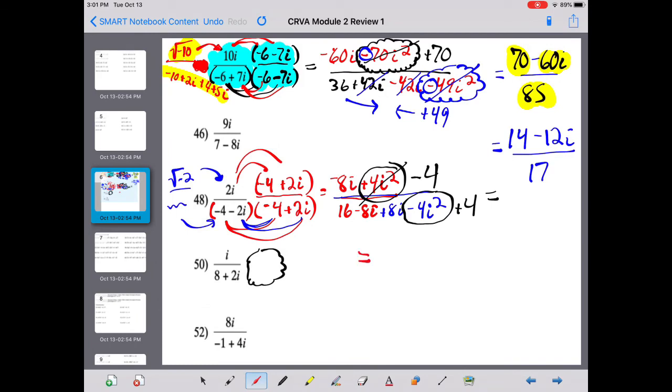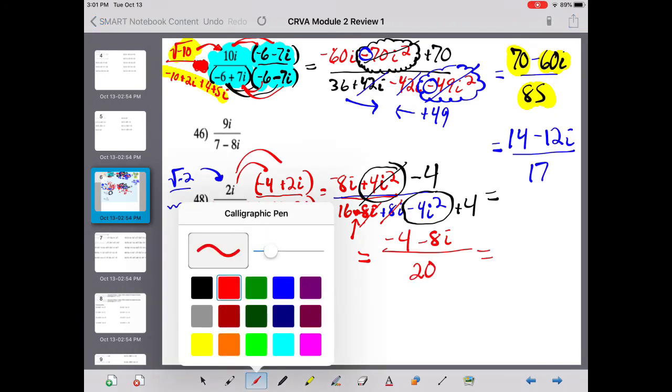And then on the top, write your real number first. The real number is negative 4. The imaginary number is negative 8i. On the bottom, your i's cancel out. You have 16. Now that minus sign right here goes with the 8i, right? It's a negative 8i. So, you have positive 16 and positive 4, which is 20.